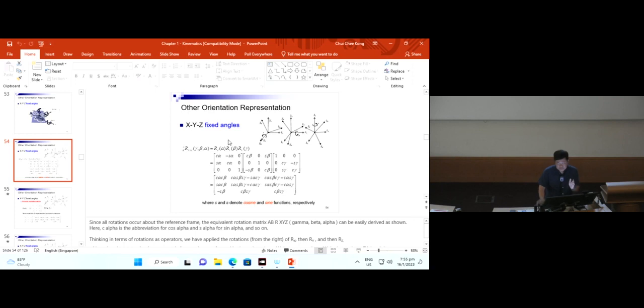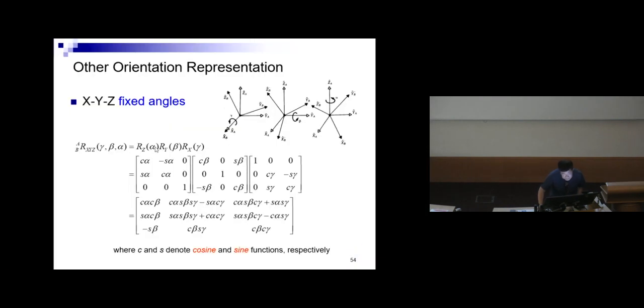If you indicate by x, y, z, you first rotate along the fixed axis of x, and after that you rotate along the fixed axis of y, and then followed by the fixed axis of z. If you rotate along the fixed axis of x, you have Rx gamma.